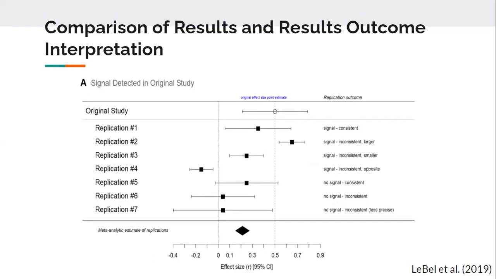There are 7 cases. Signal consistent means the replication CIs include the original effect size. As you can see, the replication CIs touch the original effect size. Let me repeat this: signal consistent means that the replication CIs include the original effect size.